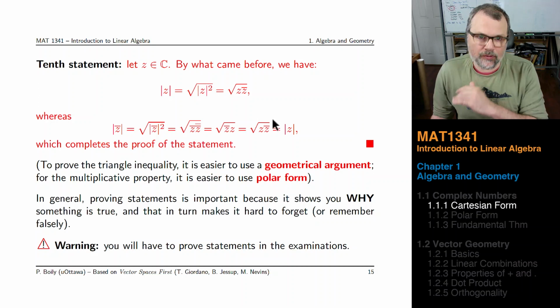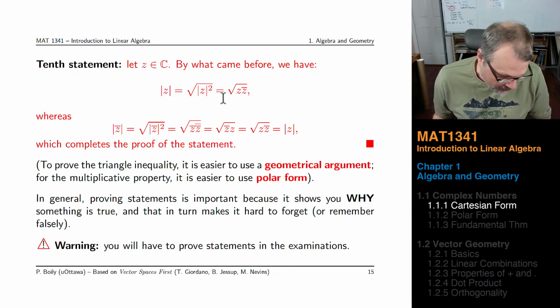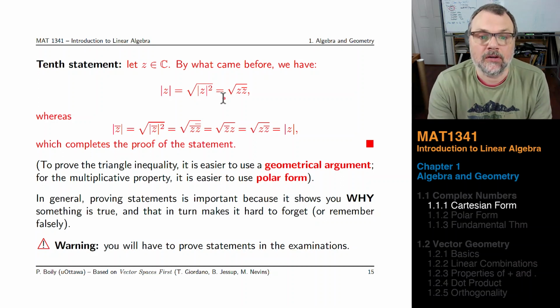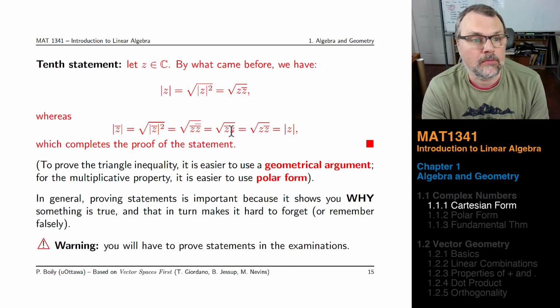You'll see in the proof of the 10th statement that it uses some of the statements of the lemma that haven't been proven. For instance, that the conjugate of z conjugate is the same thing as z.